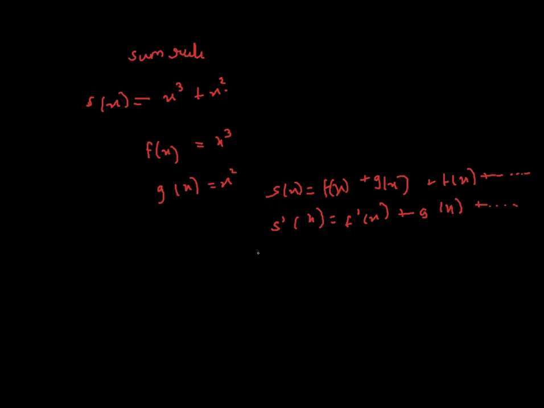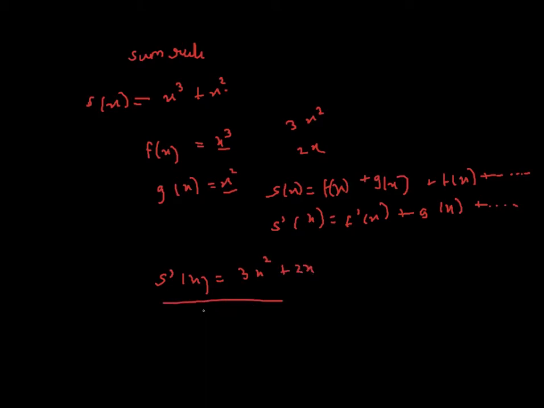So in this case, s dash of x will be the derivative of f of x. What is the derivative of f of x in this case? It is the derivative of x cubed, which is 3x squared. And what is the derivative of x squared? It is 2x. So the answer is simple: 3x squared plus 2x.